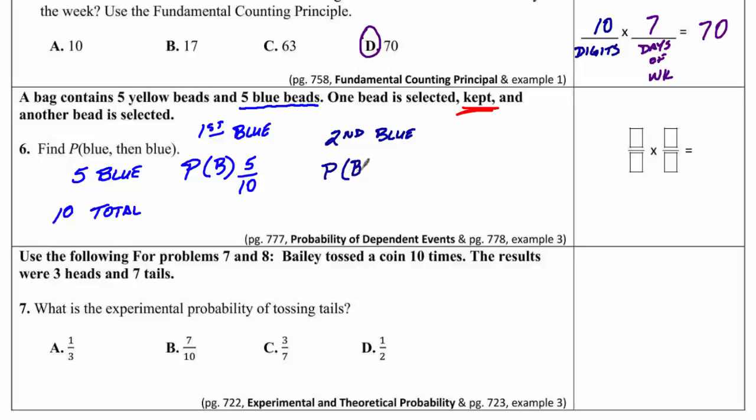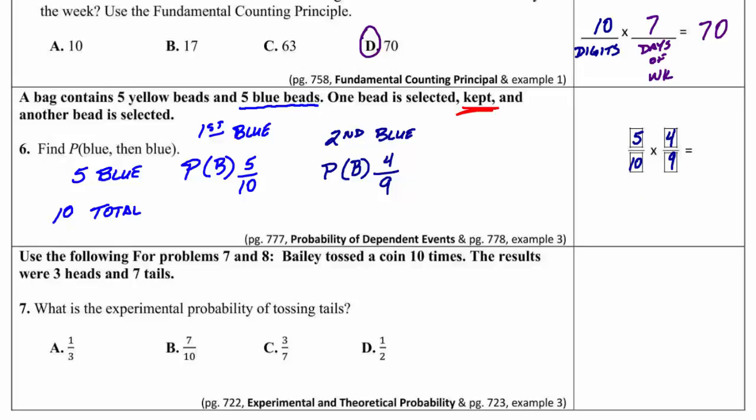There are only 4 blue beads left. You pulled one out and you kept it. So there are 4 blue beads left, and there are only 9 beads total because you pulled a blue bead out and you kept it. So our shortcut is to say we have a 5 out of 10 chance of the first bead. We have a 4 out of 9 chance of the second bead.